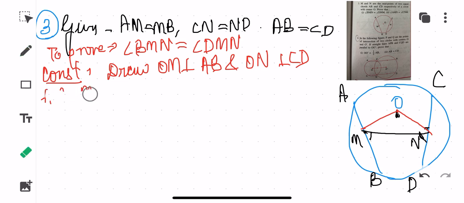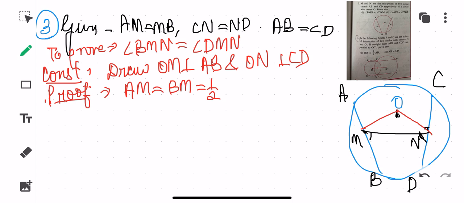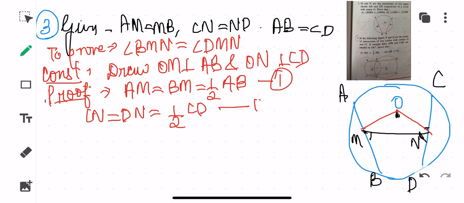I'll write here proof. AM is equal to BM is equal to half of AB, and you can take this as equation 1. Then CN is equal to DN is equal to half of CD. You can take this as equation number 2.